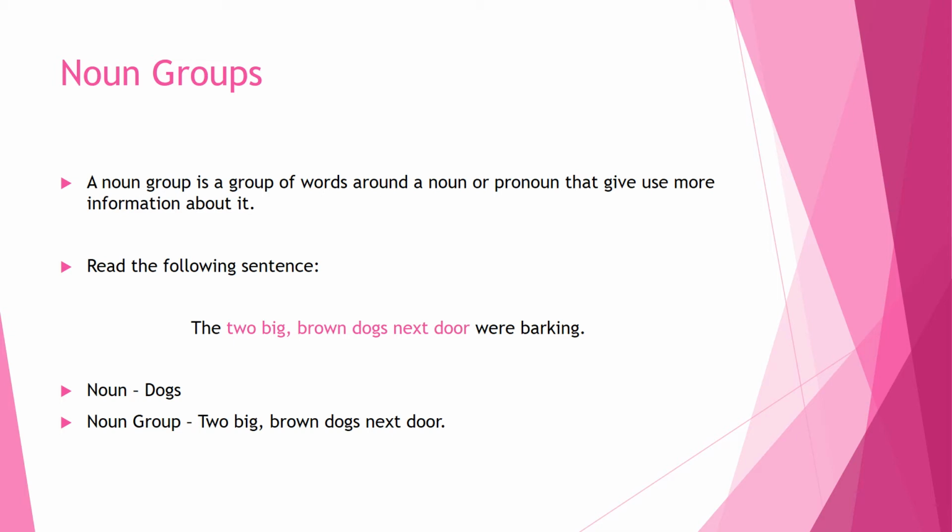We could have simply put a sentence, the two dogs next door were barking, but we've added more words in there around that noun to make not only the sentence more interesting, but it's also provided us with more information about the two dogs next door.